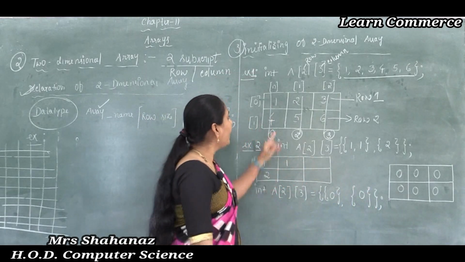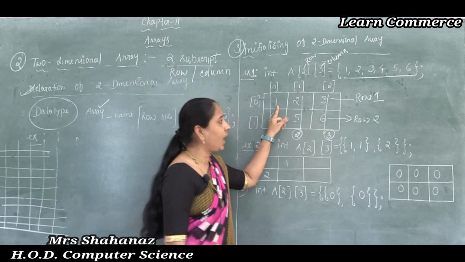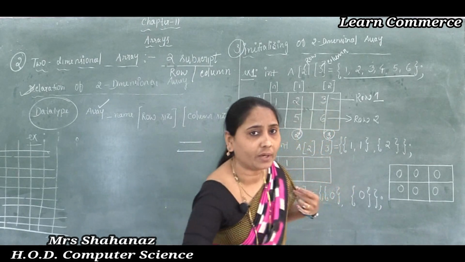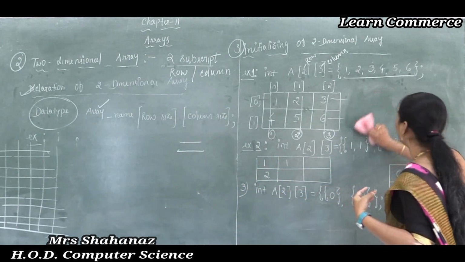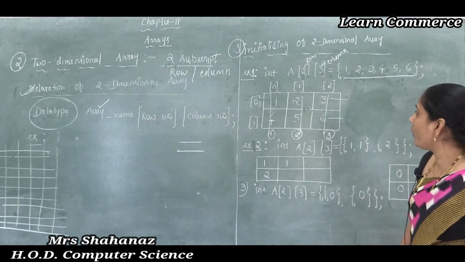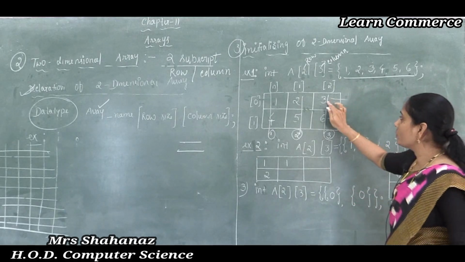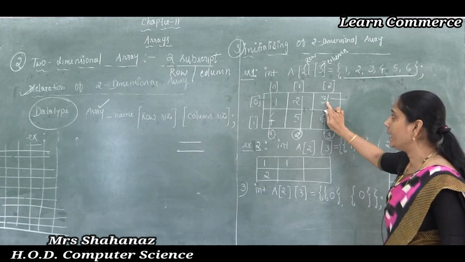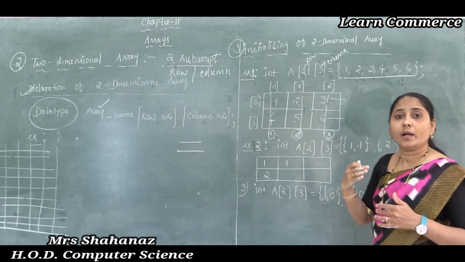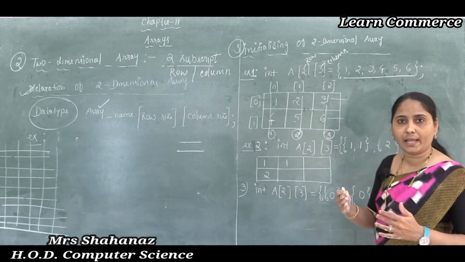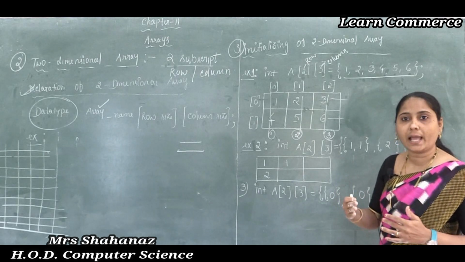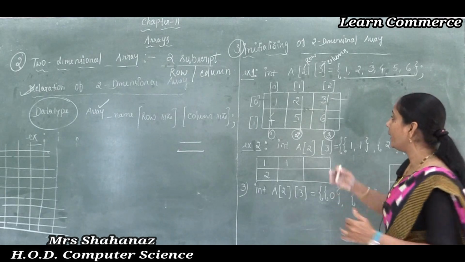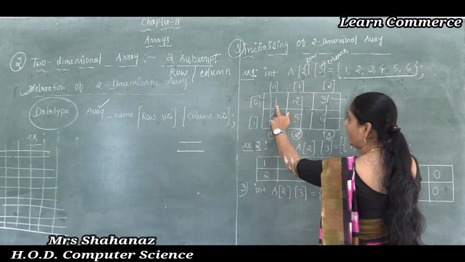So to access the element 1, how am I going to access it in this case? After knowing the rows and columns, I want to tell how to read the elements, identifying or accessing the element of the 2-dimensional array. Maybe I want to access the element 1.